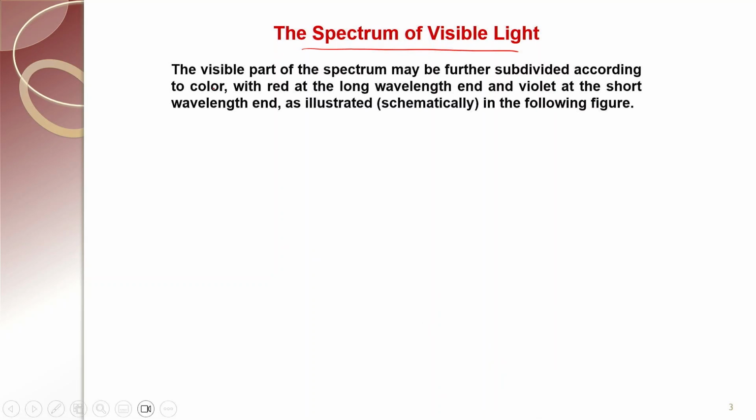The visible part of the spectrum may be further subdivided based on the frequency, and depending on the wavelength the color changes: red at long wavelength and violet at short wavelength.